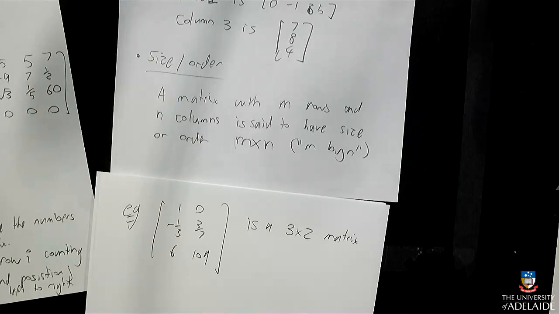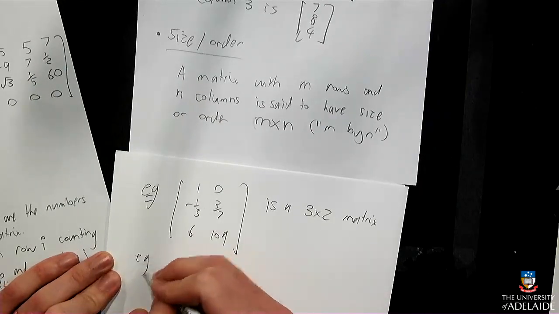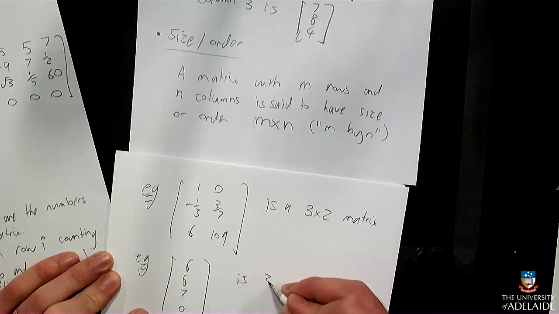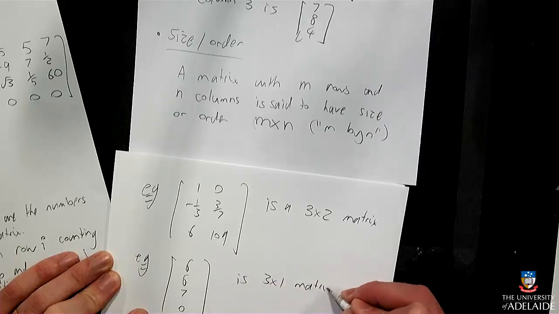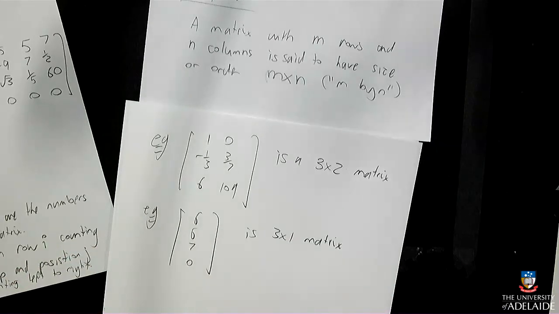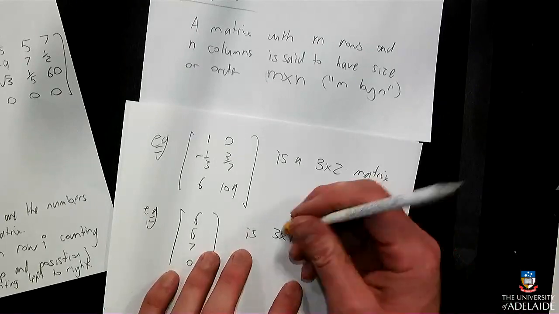So that's how it's done. And I just want to point out a couple of things. This is a 4 by 1 matrix, for example, and all other sizes you can do as well.